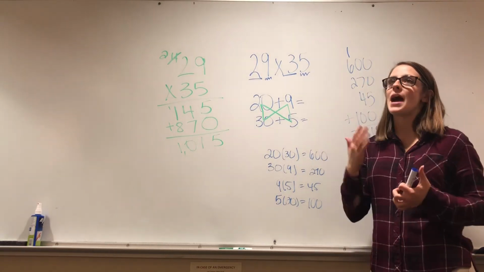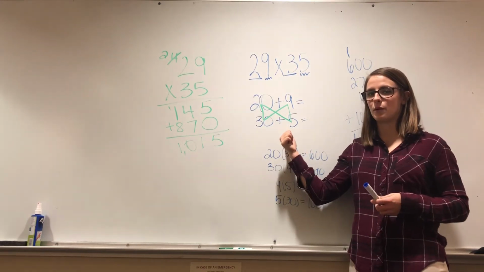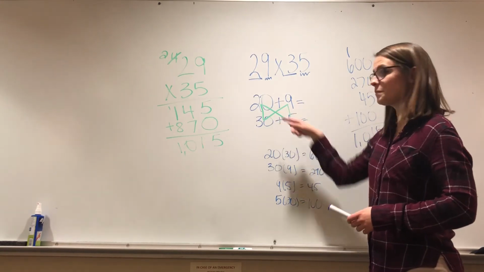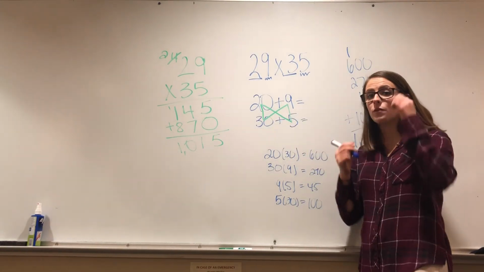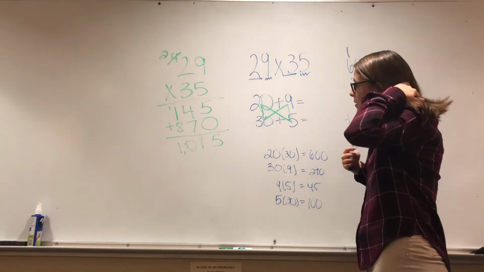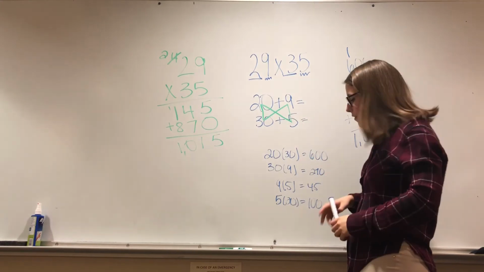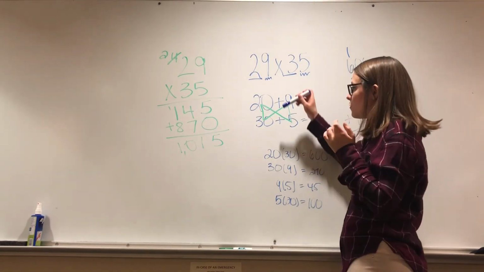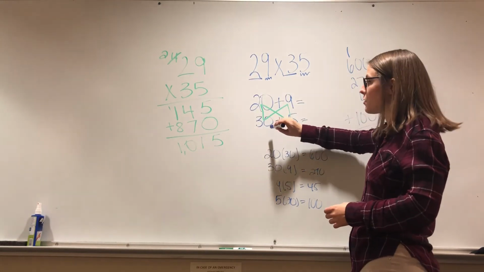I want to go back and remind you that the reason that we call this the bow tie method is because of the way that we multiplied our numbers together. So when I have you guys going through and doing some problems, I want you to draw the line, physically draw the line from where you multiplied. So if you multiply 20 times 30 first, I want you to draw a line from 20 times the 30.